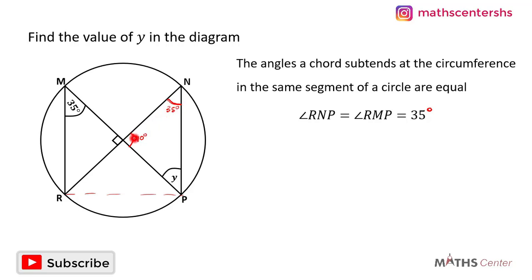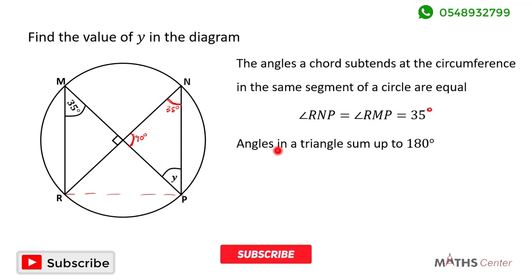We have the angle here to be 90 degrees and the angle here to be y. These three angles form the interior angles of this triangle. And we know that angles in a triangle sum up to 180 degrees.